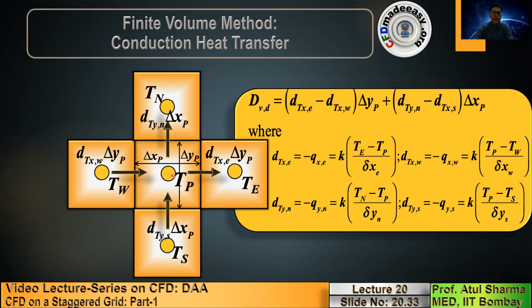This arrow should be in the negative direction, because this diffusion we are presenting here as minus Q. I have discussed this in my previous lecture number 19, why we are considering D as minus Q. In the previous topic on computational heat conduction, to calculate the net conduction heat transfer rate, we took the conduction influx, but when here we are generalizing as diffusion, we have to consider outflux. So that's why we represent the diffusion flux as minus Q, and so the arrow here should be in the negative X and the negative Y direction.